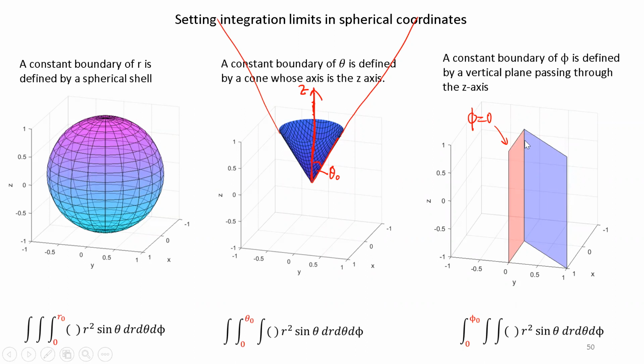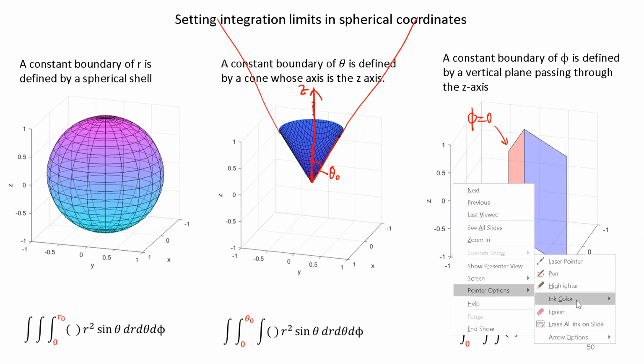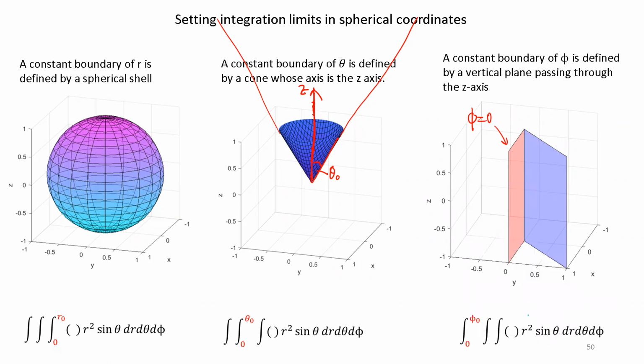Now I have the upper limit, the second plane, which is this blue plane. I have phi equals phi naught. So what is this phi naught? This is phi naught. Again, this plane is infinitely big.